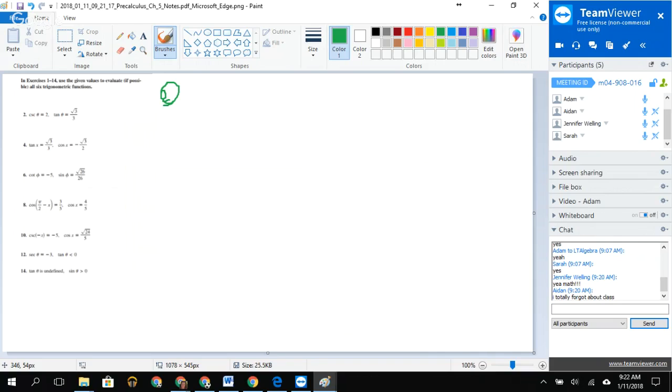Number 2 says we have the cosecant of theta equals 2, and the tangent of theta equals square root of 3 over 3. We want to evaluate all the other trigonometric functions based on this information.